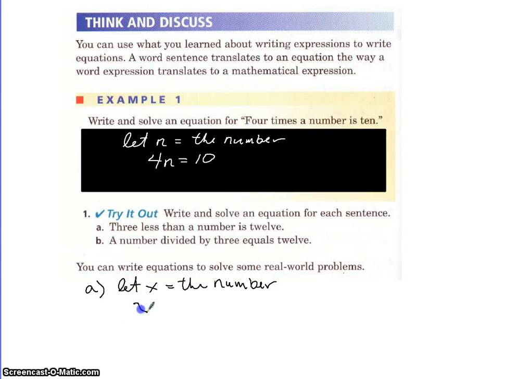So x minus 3 equals 12. Now, of course, we can solve it. We just simply add 3 to both sides, and we have x is equal to 12 plus 3, which is 15. Let's do B over here on the right.